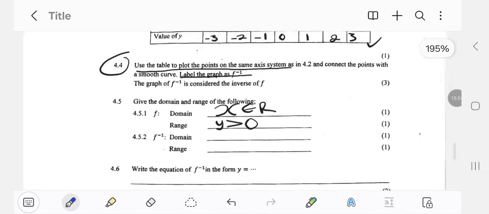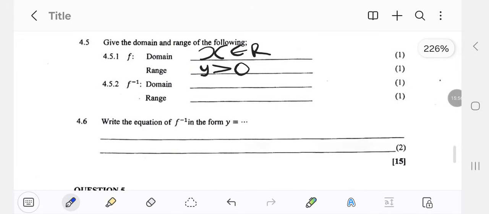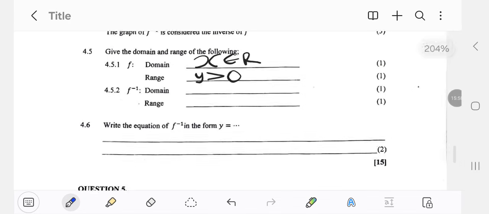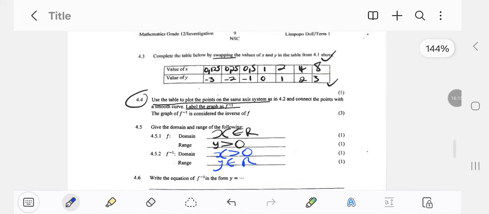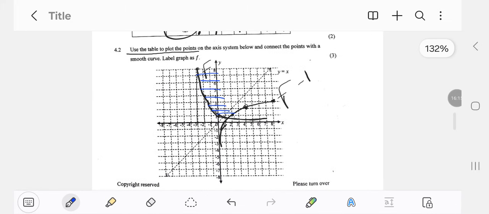And then for the inverse it is the vice versa of the original. So here we have y an element of real numbers, and x greater than 0 because we have positive x values.